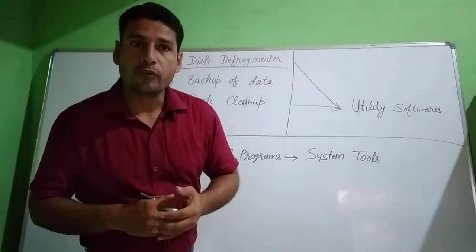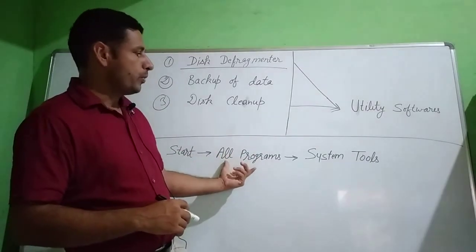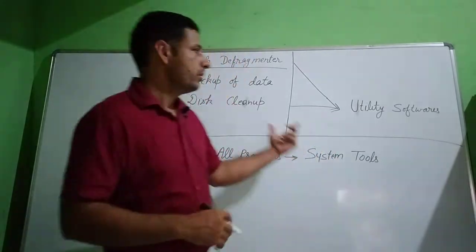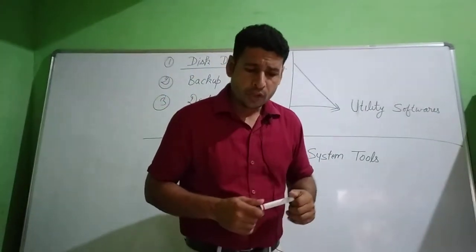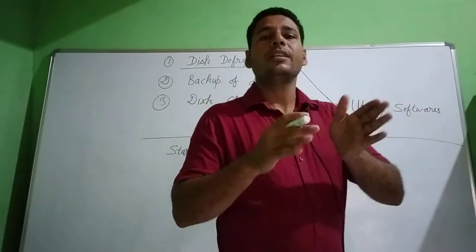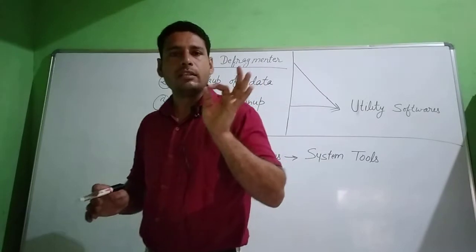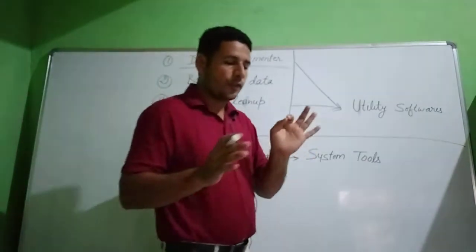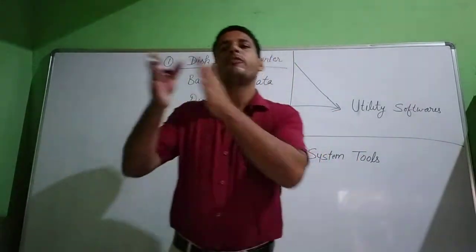Where do we find this software? You need to go to Start, All Programs, System Tools, and in System Tools you will find disk defragmenter. So disk defragmenter is a software which removes the unused space from your hard disk and makes it usable.